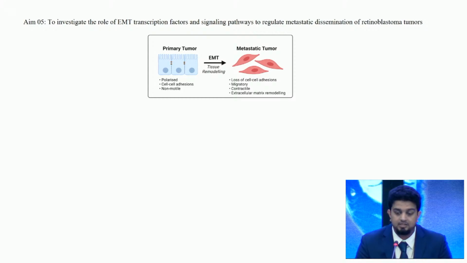So like the schematic here, the primary tumor is non-motile and polarized, but they can undergo an EMT transition to become mobile, and then it loses its integrity and adhesion, and then further it helps in metastasis and invasion.